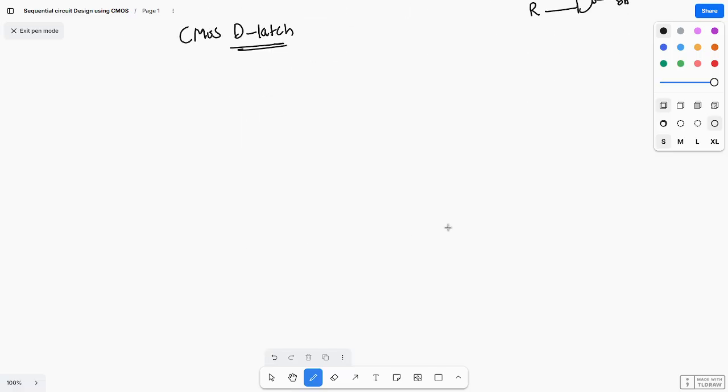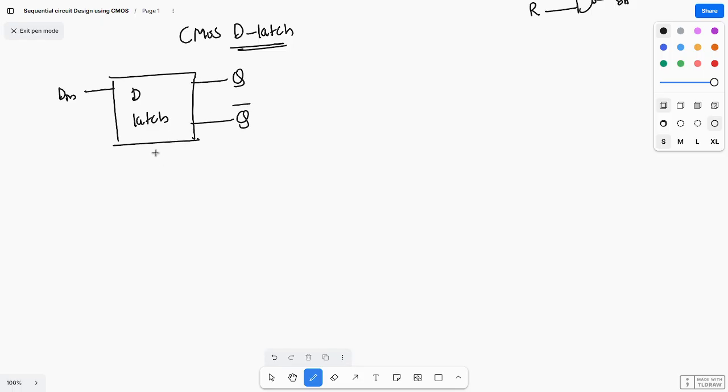Next, CMOS D latch. What is a D latch? This is a D latch. What are the inputs? D input, and outputs Q and Q bar. One enable pin will be there.